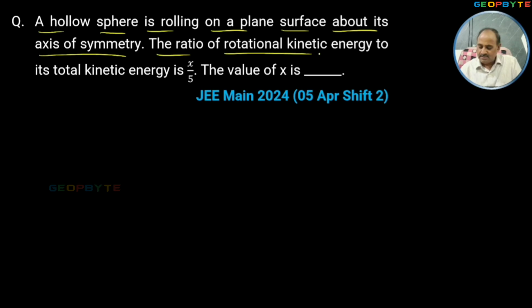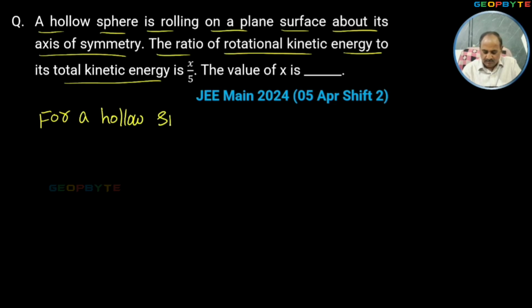The ratio of rotational kinetic energy to its total kinetic energy is x by 5. Then what is the value of x? For a hollow sphere, I equals 2 by 3 m r square.